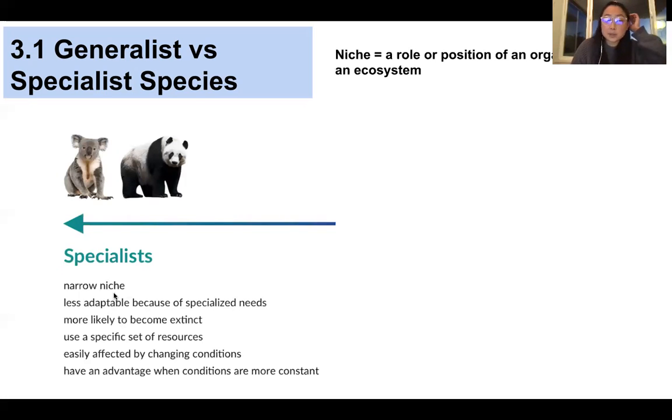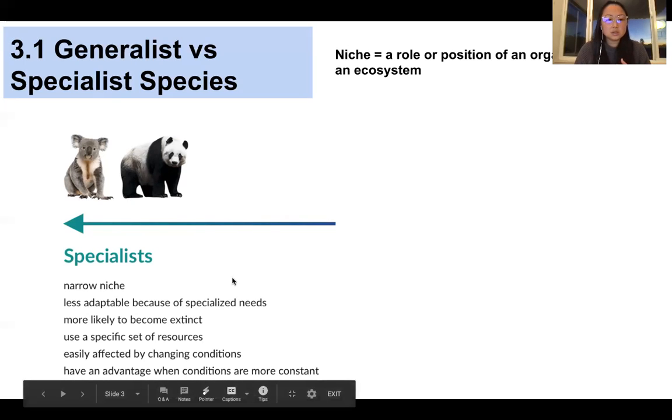They're not very adaptable. So if all of a sudden those trees went extinct, the koala would be out of luck. They're more likely to become extinct because they're a little bit more fragile in the resources they need. And they're easily affected by climate change or if their habitat is altered. So they thrive when conditions are more constant.